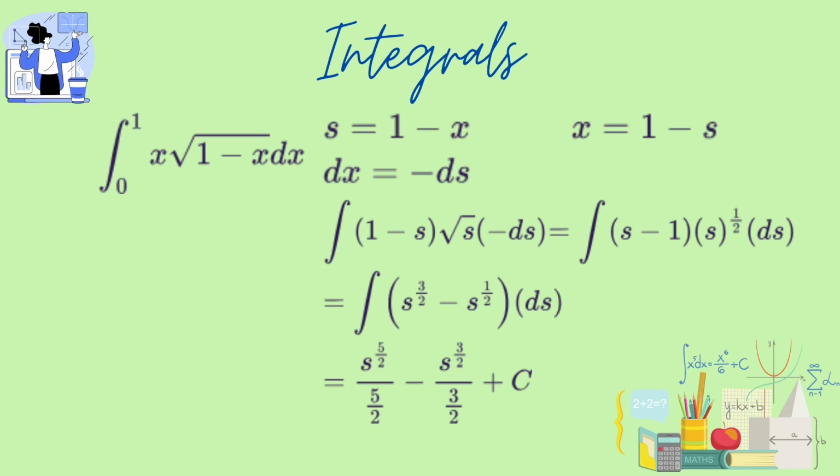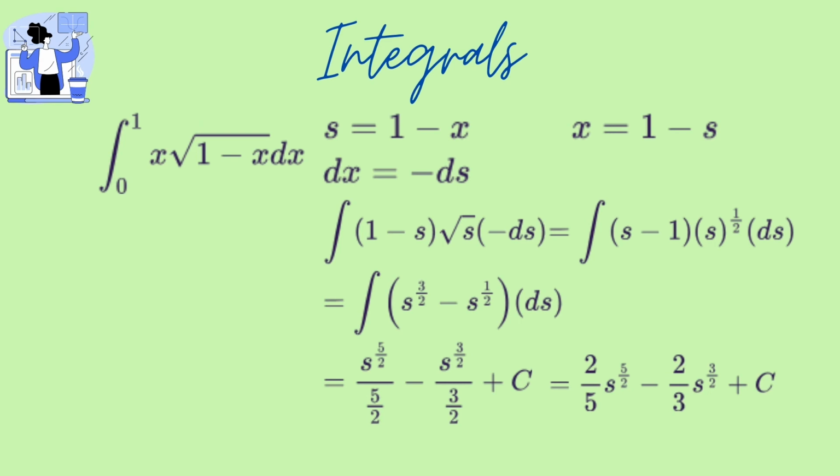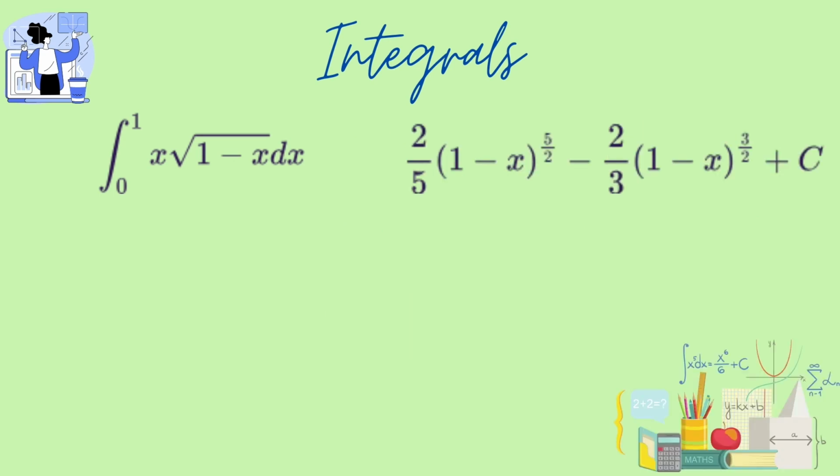Rewriting the complex fractions, we obtain 2/5 s raised to 5/2 minus 2/3 s raised to 3/2. Rewriting this antiderivative in terms of x, we have 2/5 times the quantity 1 minus x raised to 5/2 minus 2/3 times the quantity 1 minus x raised to 3/2.